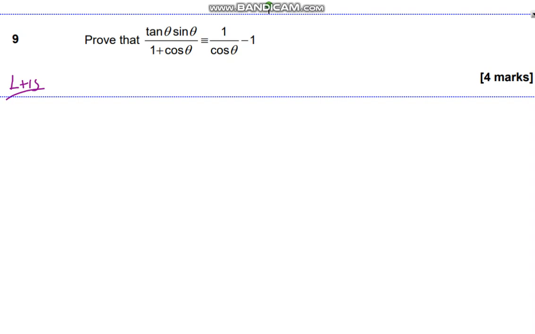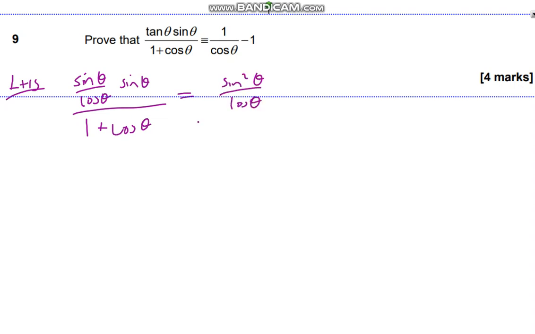So the first one, I'm going to start off by changing tan to sin over cos. Okay, then I'm going to multiply the 2 sins together. So I've got sin squared theta over cos theta. That's all over 1 plus cos theta.